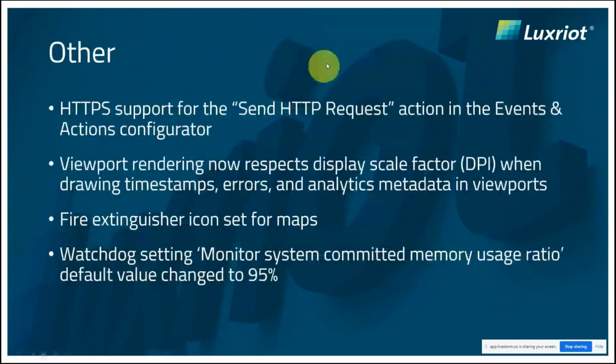The other things, I didn't know how to name this exactly. So first of all, the HTTPS messaging support for the send external HTTP request in the events and actions. That means now you can communicate straightforwardly with any sort of messengers like Telegram or Signal or whatever you would like to use.